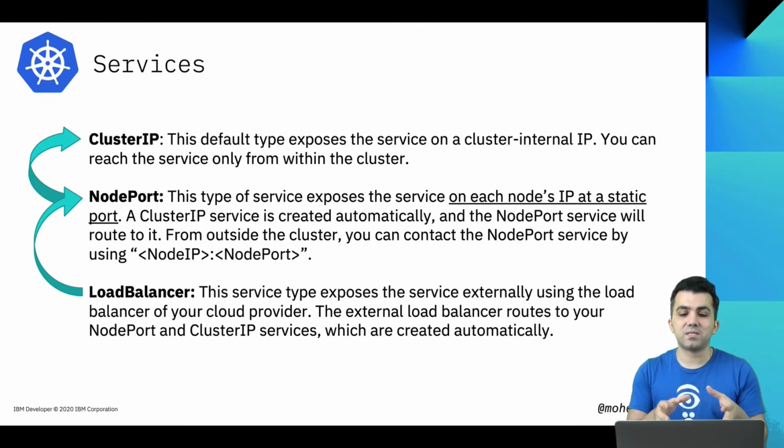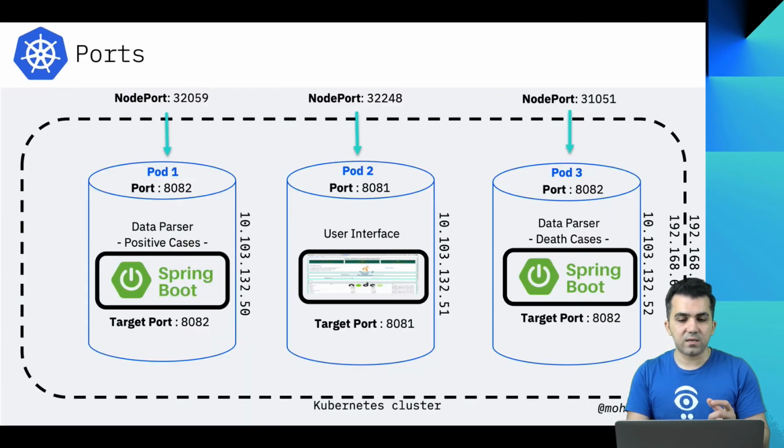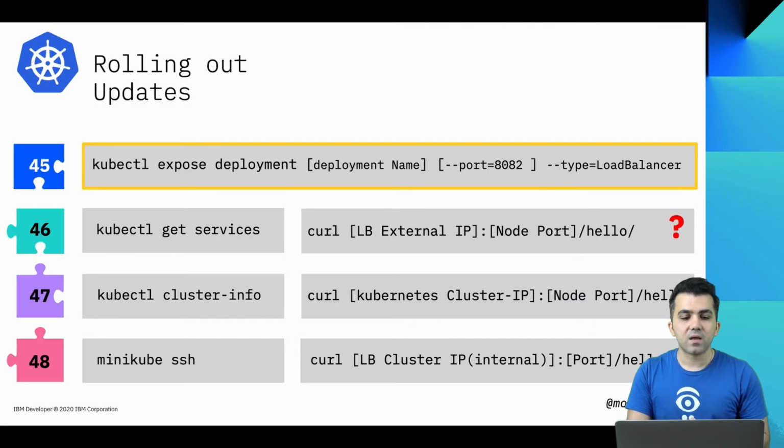And what happens is it exposes the service on each node's IP at a static port. So the static port, you're familiar with that. We had it on, for instance, 32248 or 31051, the one that we just looked at.